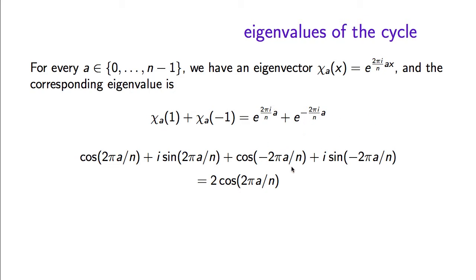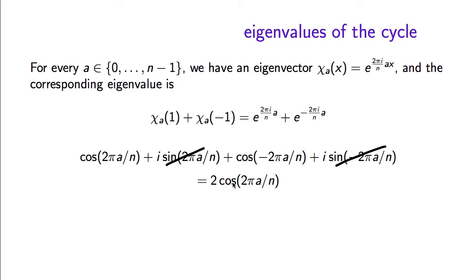And the same here. Then by just trigonometry, this sine and this sine cancel out, while these two cosines will add up. And so those are the eigenvalues of the adjacency matrix of a cycle.